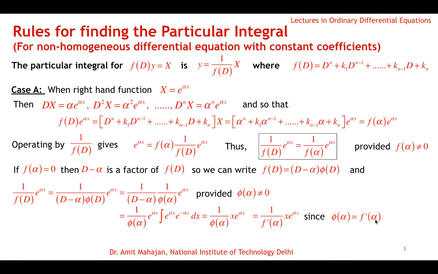So this is the second result: if f alpha is 0, then this particular integral is nothing but x multiplied with the derivative of the denominator at alpha. So if this denominator is 0, then we multiply with an x, take the derivative of the denominator, and then substitute the value alpha here.